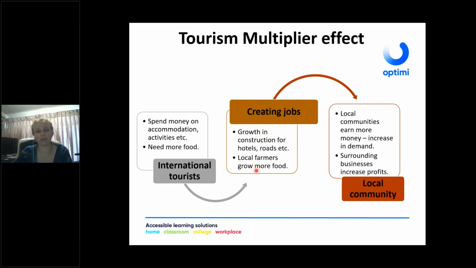It also gives local farmers the opportunity to grow more food. It also supports the local community, and in that they have an increase in demand. So these international tourists can then visit the local communities, and then they can buy either souvenirs or food or beverages or anything that the local community offers. And this then supports businesses to increase their profit.